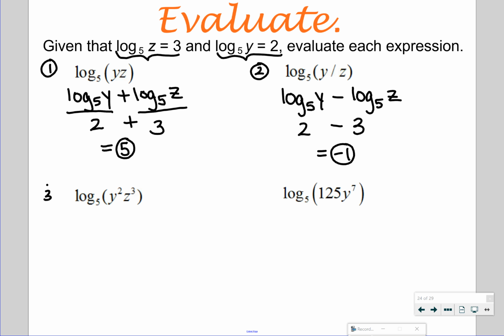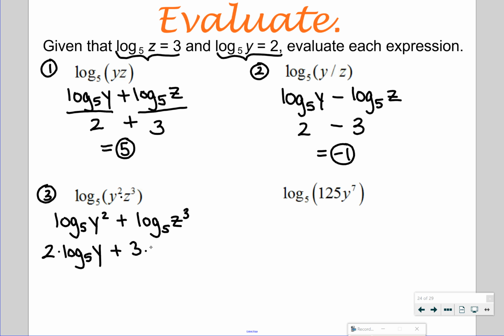Okay, let's look at number 3. I have multiplication first, then I'm going to change to addition. Log base 5 of y squared plus log base 5 of z to the third. Then, before I substitute, I can expand a little bit further. I have powers that I'm going to bring down in front. So it's going to be 2 times log base 5 of y plus 3 times log base 5 of z.